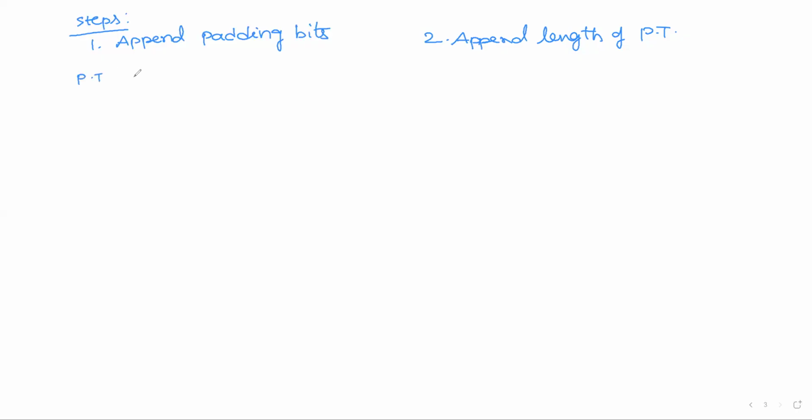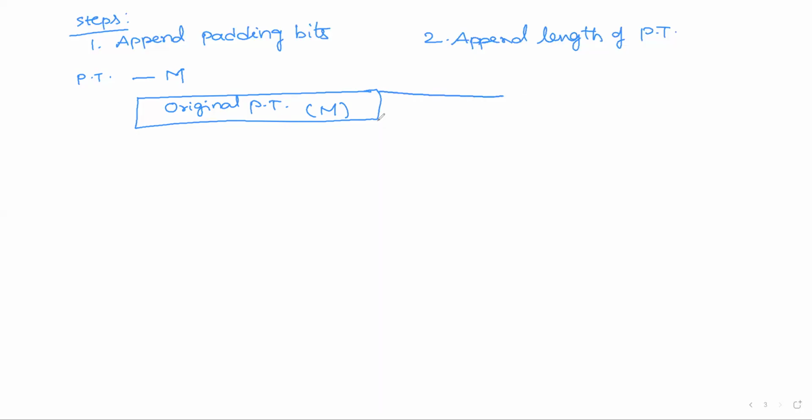The plain text is represented with M. This is the original plain text, which contains some number of bits. For this, we need to append some padding bits.